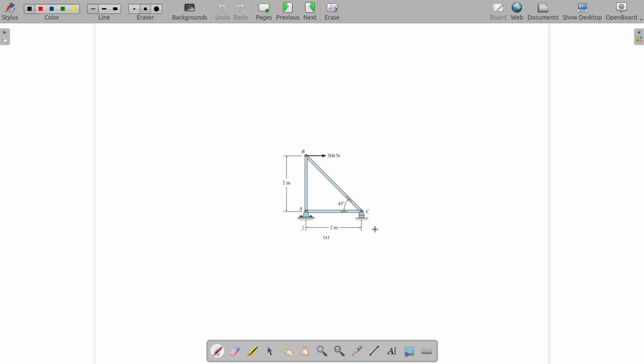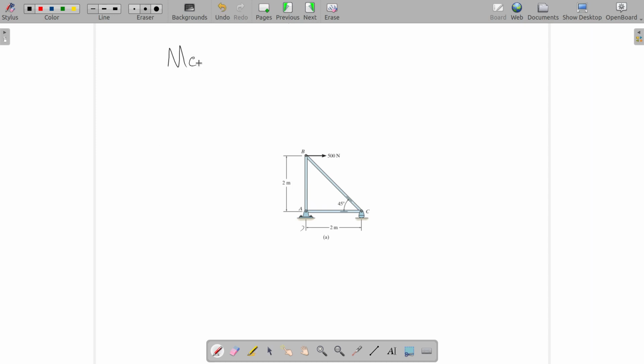So let's analyze this simple structure in that way. We would like to find out all support reactions and member forces, using the concepts we have already studied about the truss.